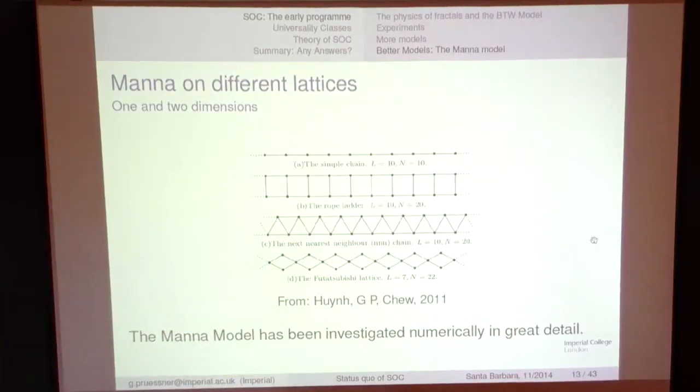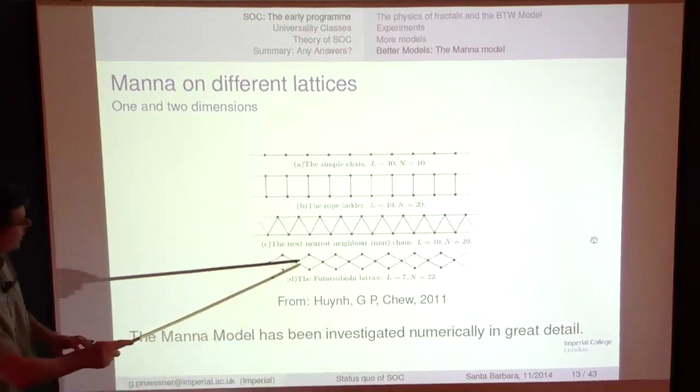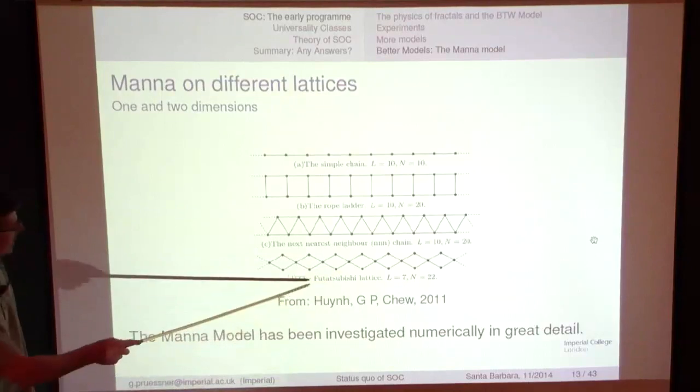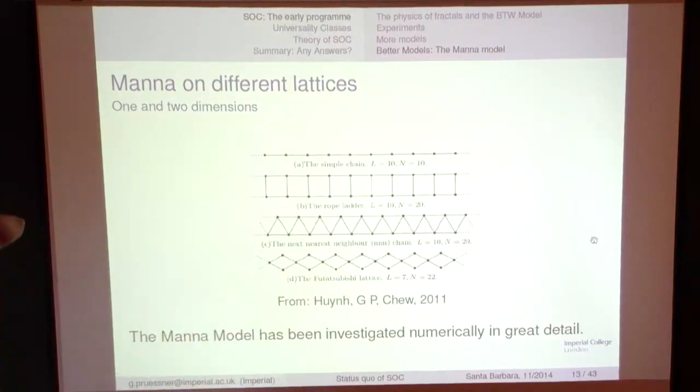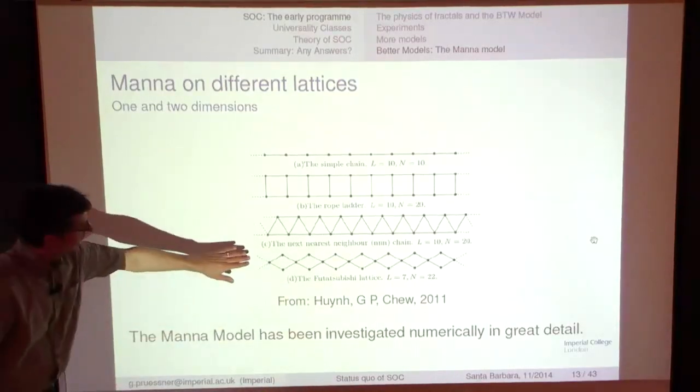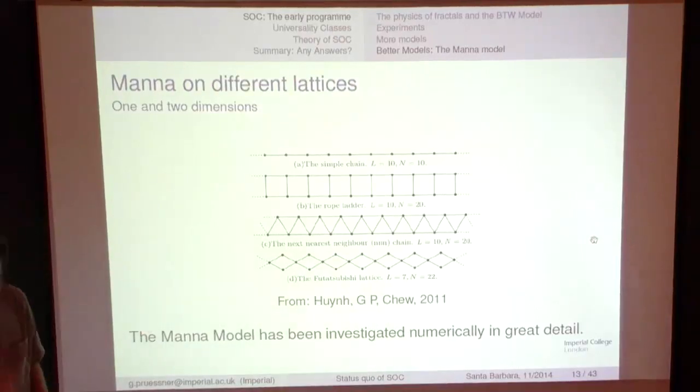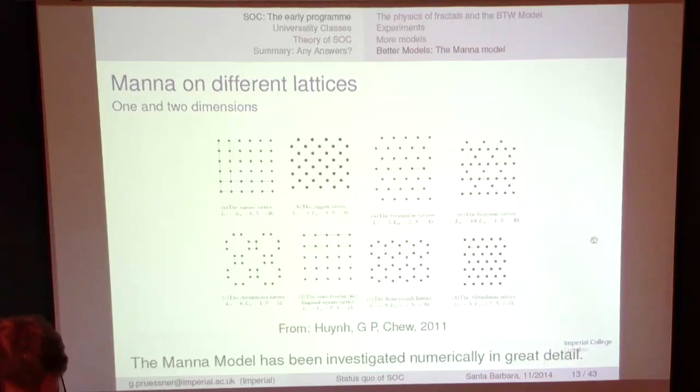That's interesting. You can see how it's constructed. This is apparently Japanese for two rhombuses chained together. So these are 4 different one-dimensional lattices, and 8 different two-dimensional lattices.